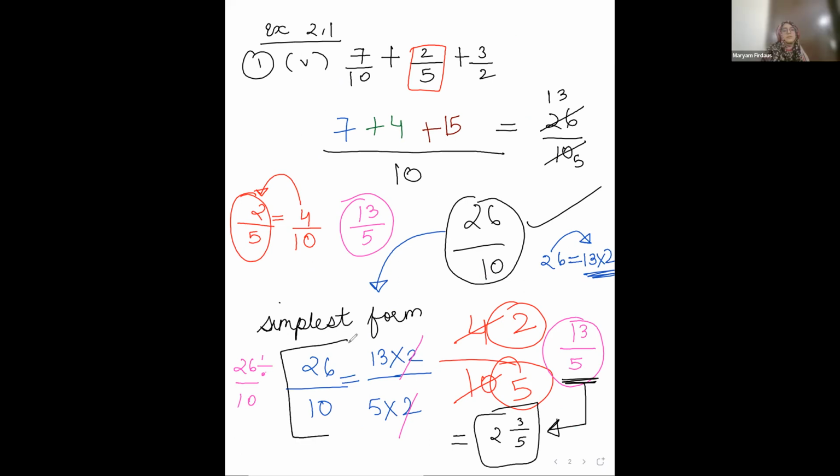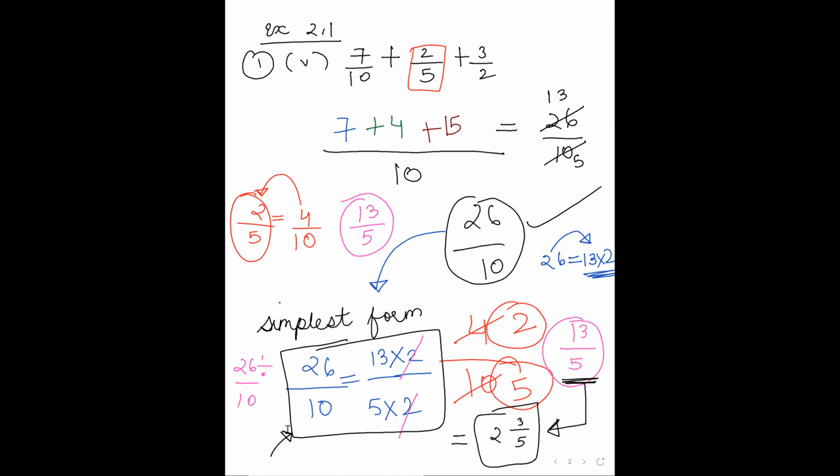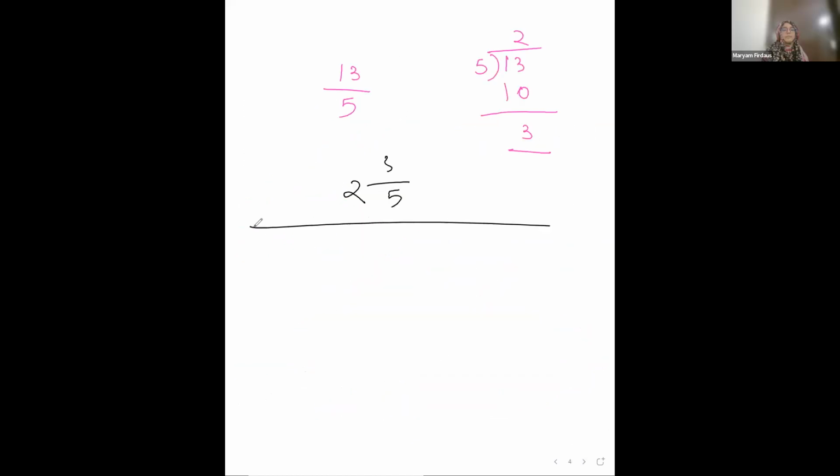See, this is what we have done over here. Can you see these black rectangles? But how did you get 13 and 5? Because 26 by 10, right? First ask yourself, what is something that is common between both of them? 2.